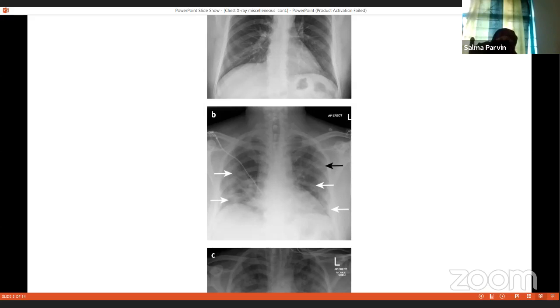And whenever there is superimposed consolidation, loss of lung markings is a milestone to be present with COVID pneumonia.